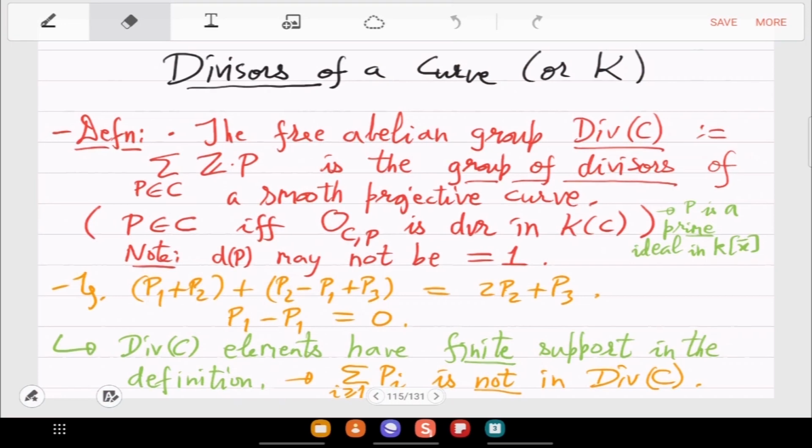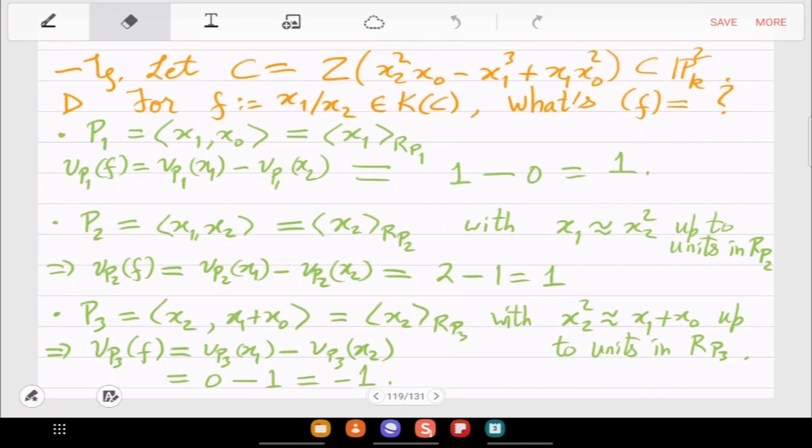So there is this concept of degree of a point. It's not really a point P, it's a cloud of points. And then we define degree and the support of a divisor. Every point P actually defines a valuation.